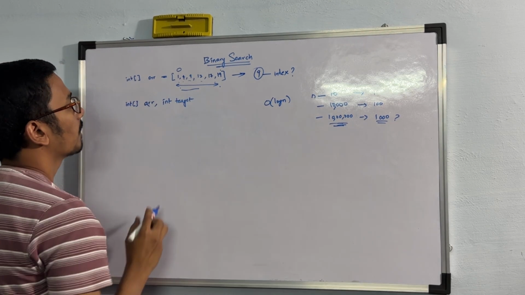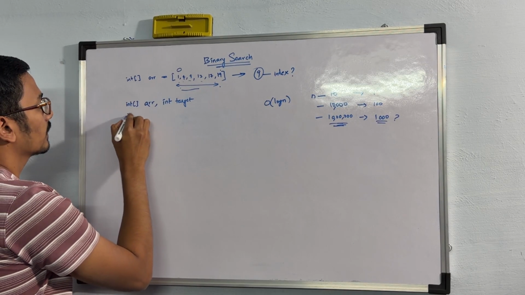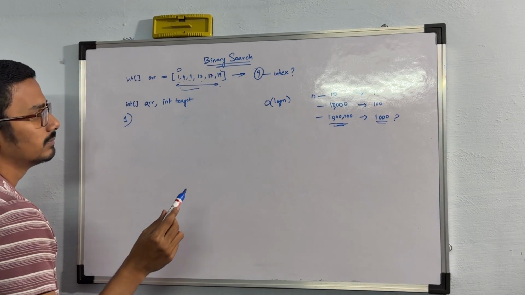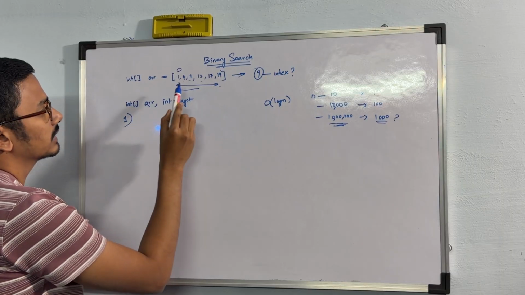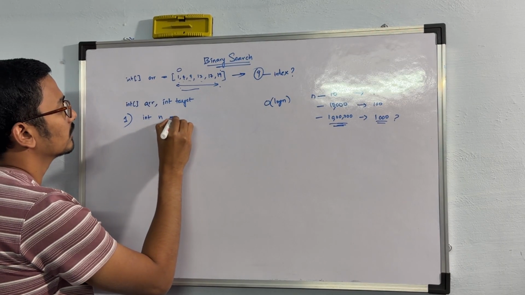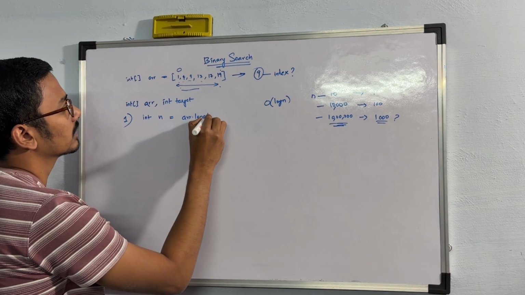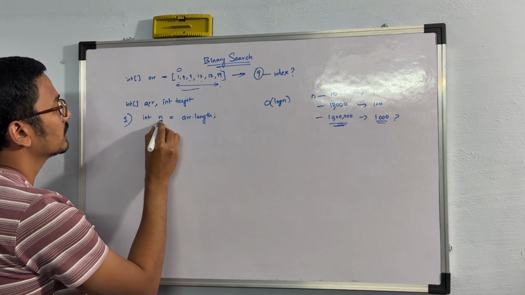The first step will be getting the size of this array, int n equal to array dot length. This will be very useful.